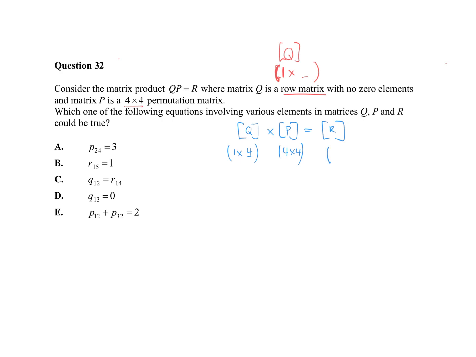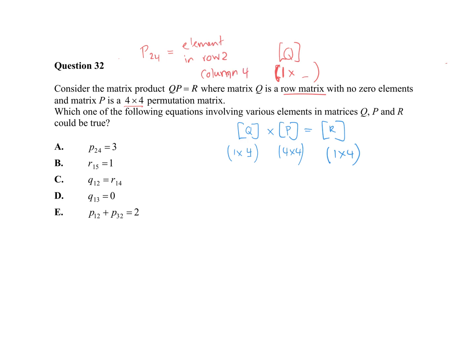And I know R is going to be a 1 by 4. Now, remember when they give you these little numbers, so say up here, when they say P24, that means the element in row 2, column 4.